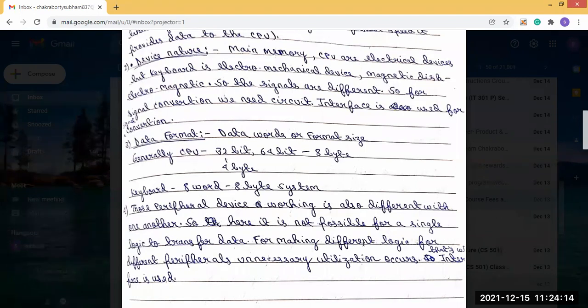And your internal examination syllabus that I have already explained: up to VLIW instruction will be in your syllabus, and the question format should be 10 into 1 and 5 into 2.